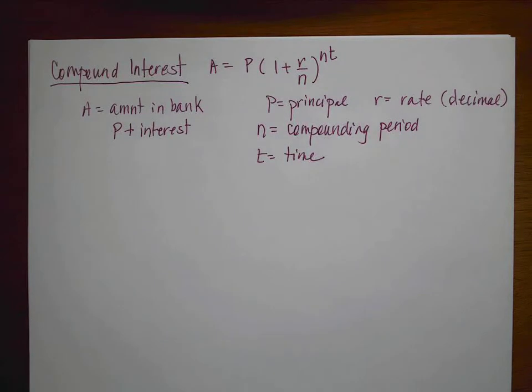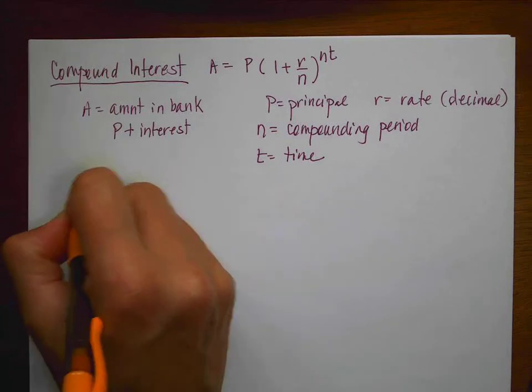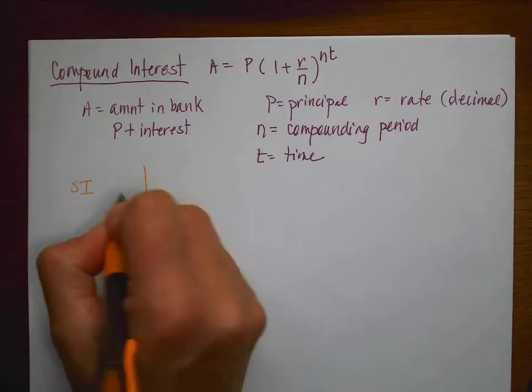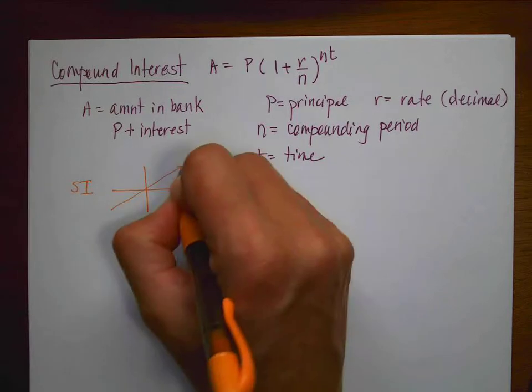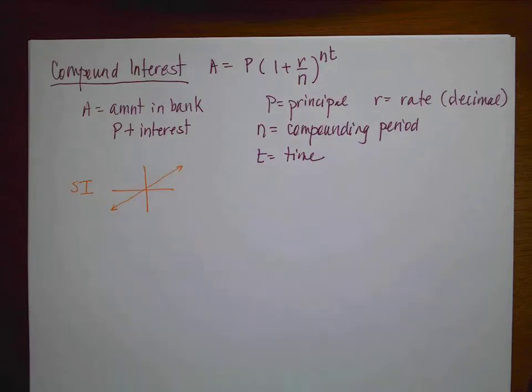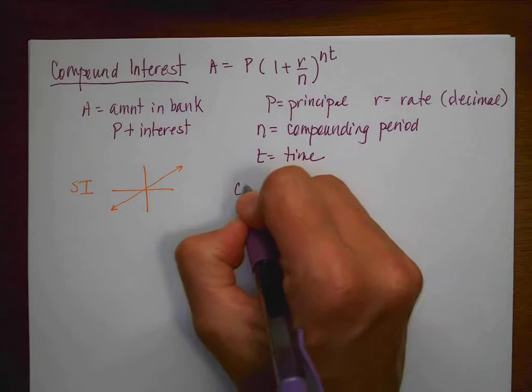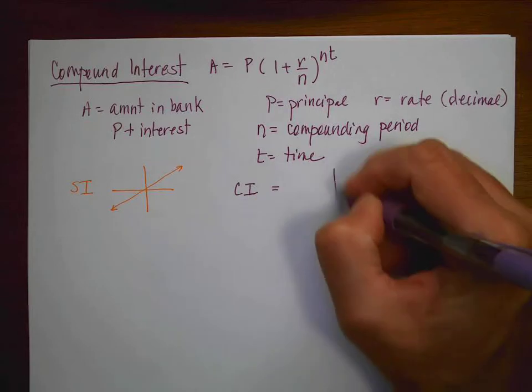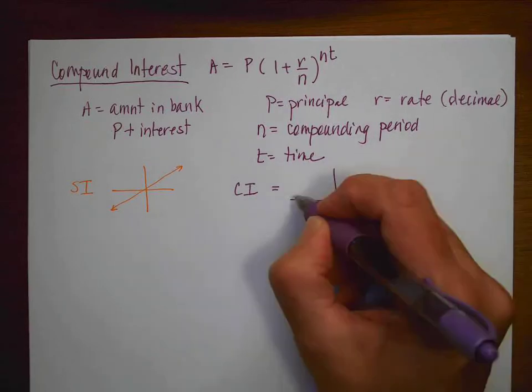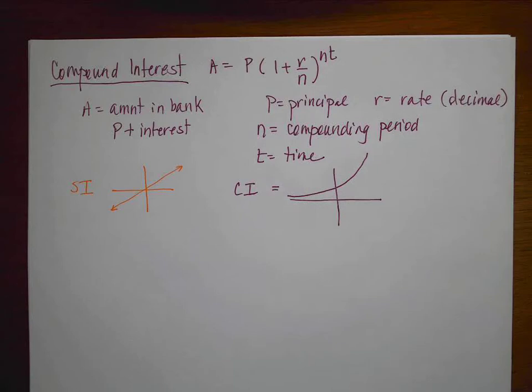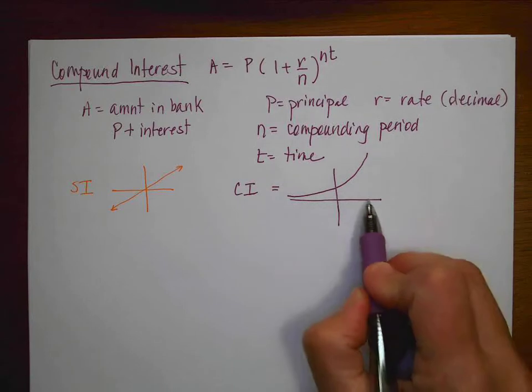Alrighty. One of the things that I want you to understand, because it's really important, is the difference between the two interests. Simple interest is a linear function, and it looks like that. Compound interest is an exponential function, which is why it's in this chapter, and it looks like this.